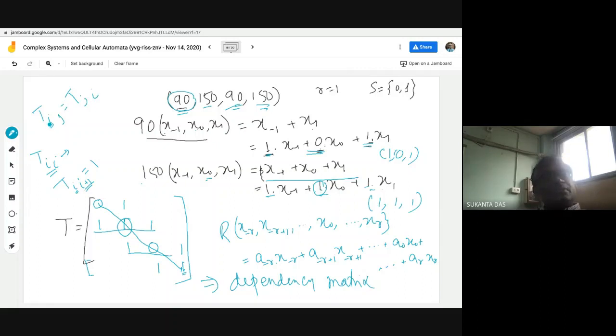Means if a cell I depends on J, it implies cell J also depends on I. This is always true.